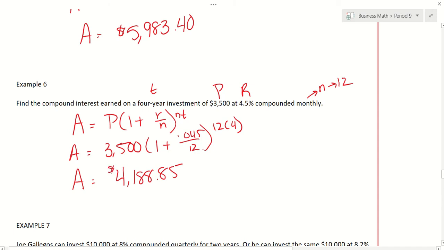And it's asking us to find the interest, so I have to subtract the original loan to get interest of $688.85.